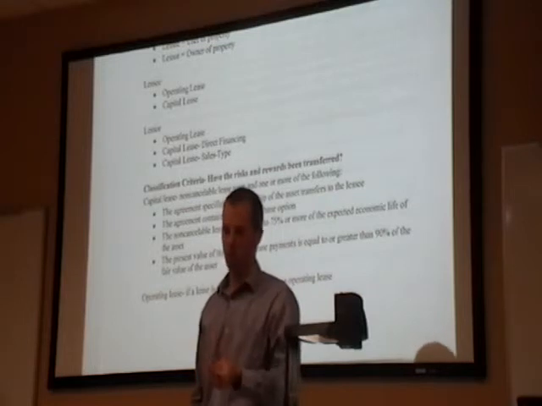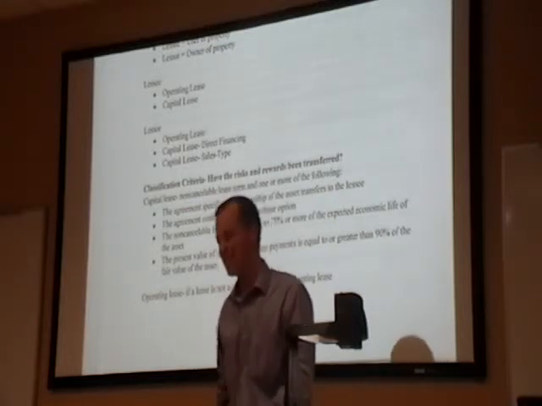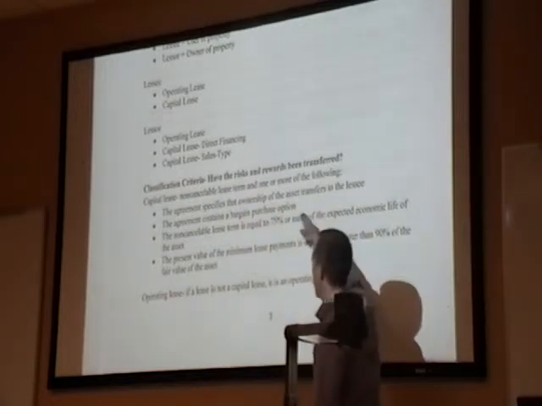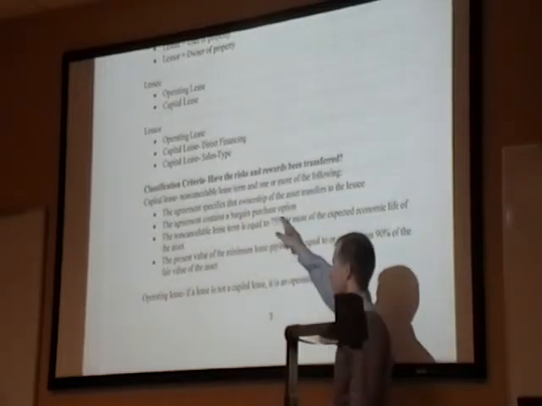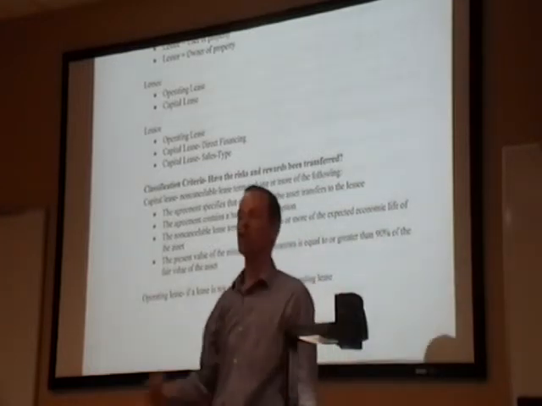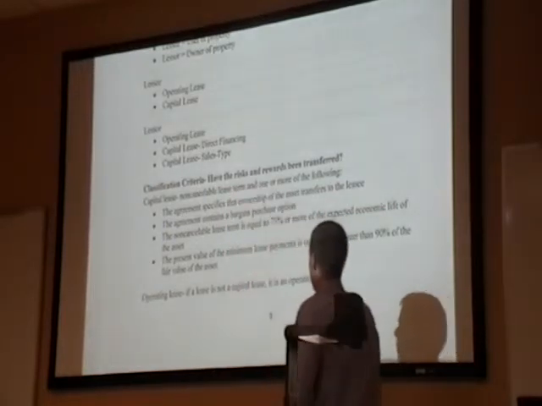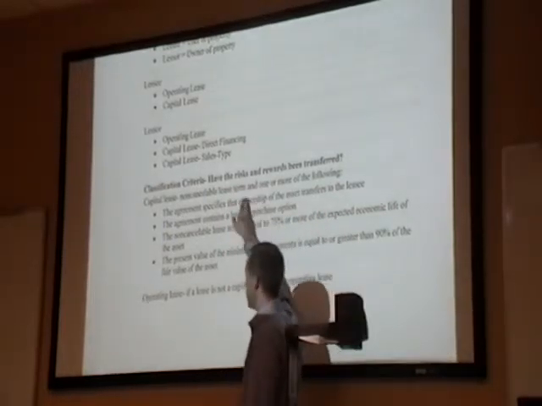They're always going to do it, which means there's going to be a transfer of ownership, so it basically gets lumped back into the first one. Because if there's a bargain purchase option, they're always going to buy something for significantly less than it's worth, and so ownership will always transfer, and that's what we assume. So, no bargain purchase option, no transfer of ownership.